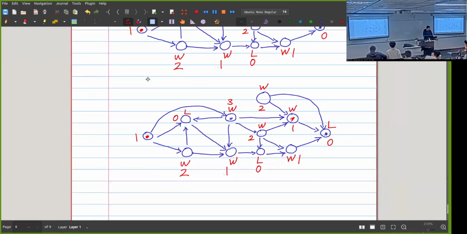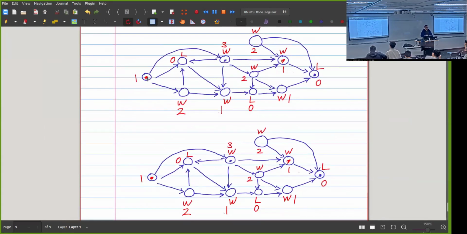If I take 2 copies of Nim and I say in every turn you can move in only one of them, 2 copies of Nim are just like 1 copy of Nim. We just put the numbers together and take the XOR. So now if I have 2 copies of this game and I know how to map each copy of this game to Nim, I know how to map the resulting game to Nim, right?